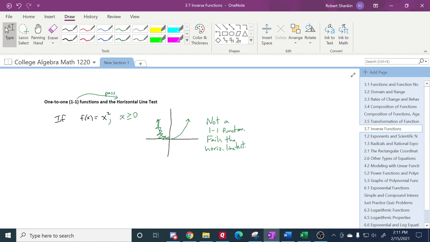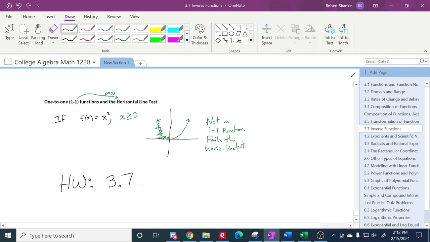All right, your homework is 3.7, which is the inverse functions. And because we had gotten a day behind, we're having it now. This is on the exam coming up on Wednesday, and it's due before the exam.